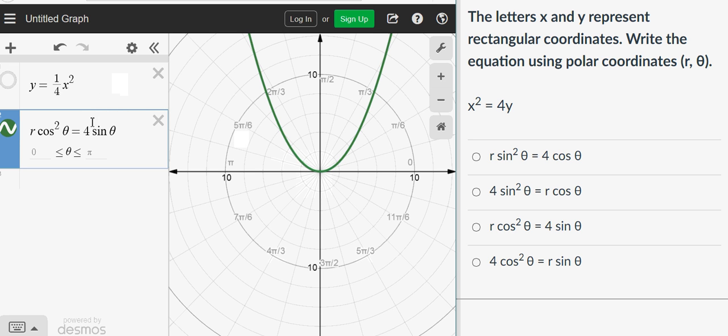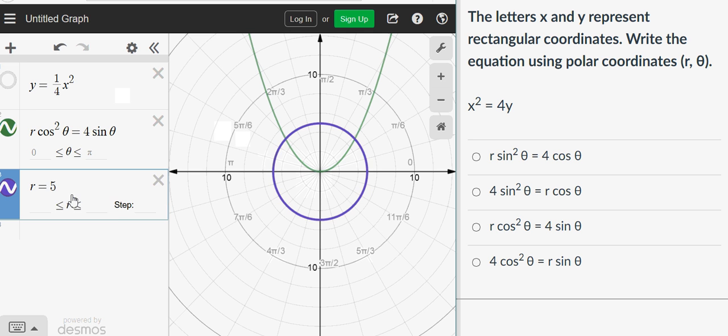Here, the advantage and disadvantage for polar coordinates is that sometimes you are given a polar equation, and you do not really know how the picture looks like. But sometimes, as we have seen previously, representing a circle is quite easy.